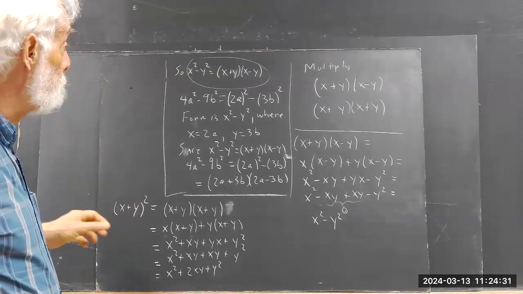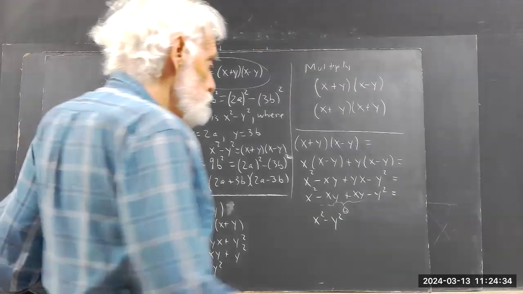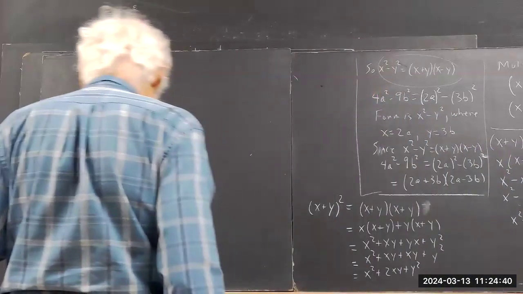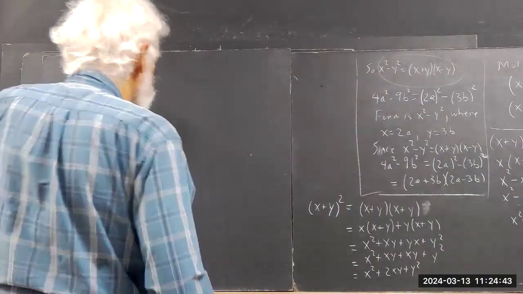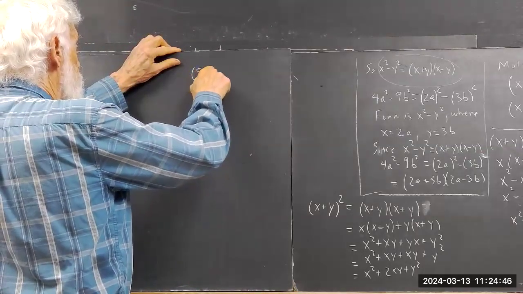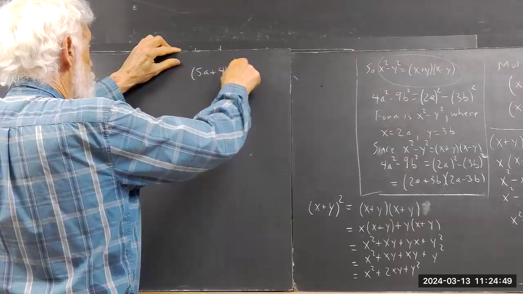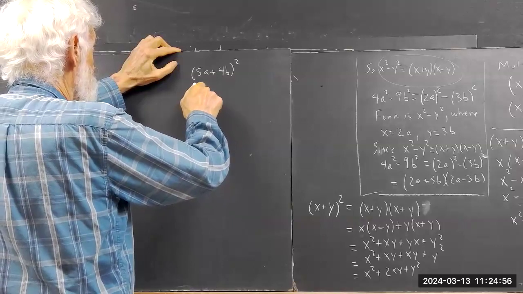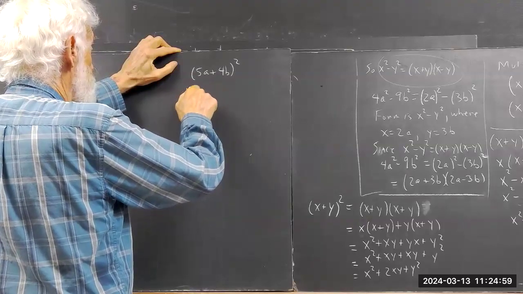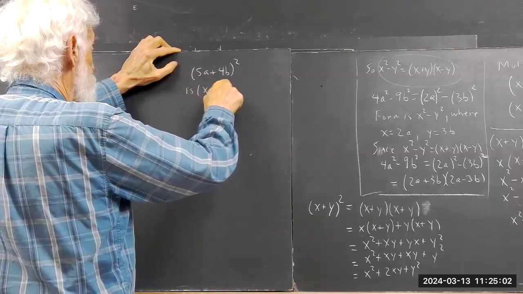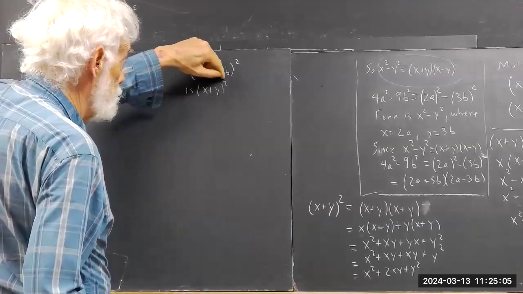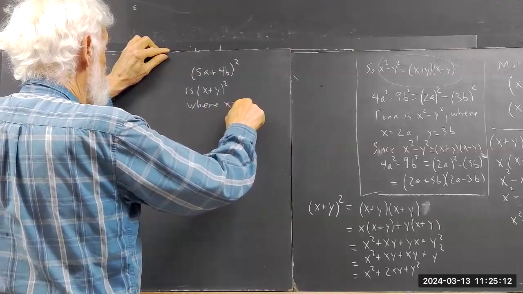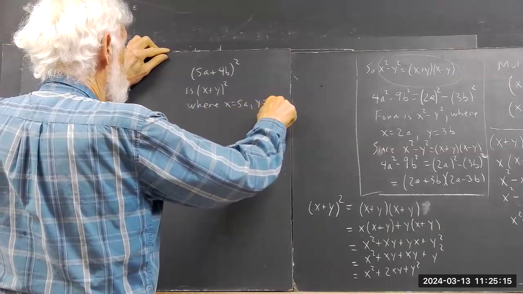As one example, if you want to do the square of 5a plus 4b, well, that's x plus y squared, where x equals 5a and y equals 4b.